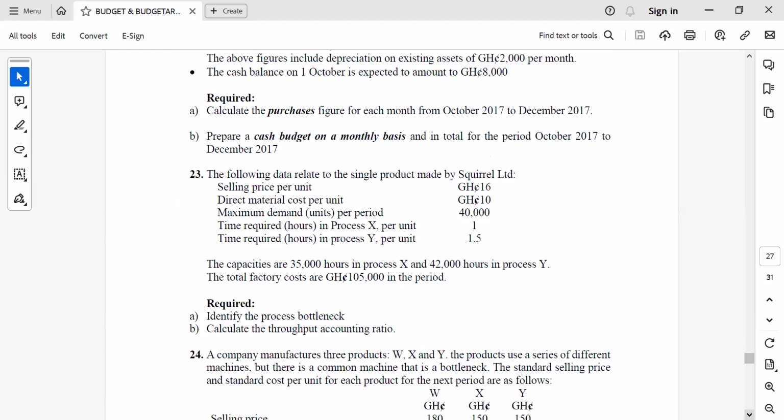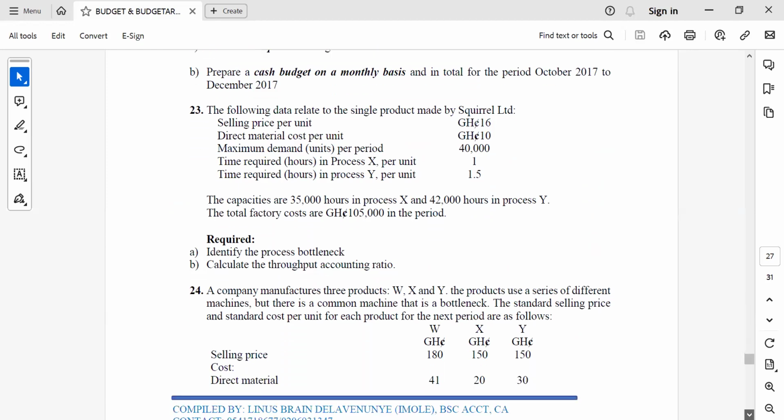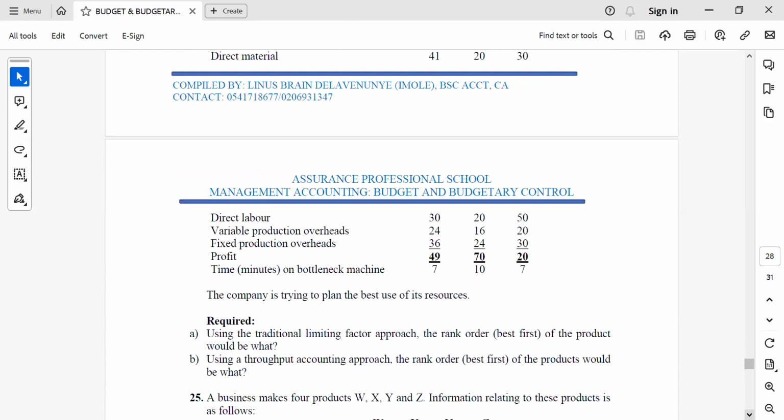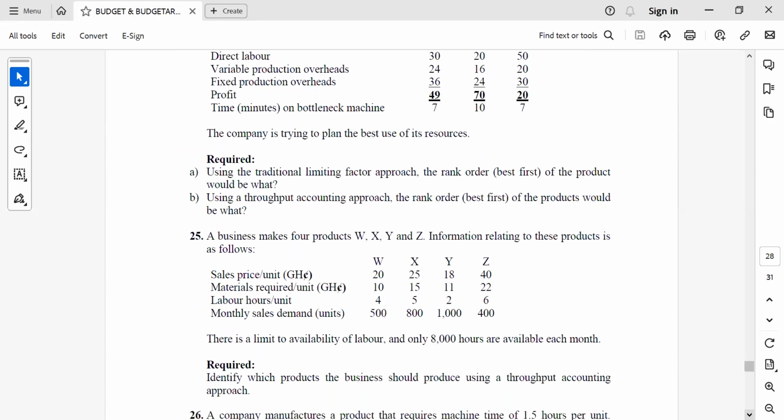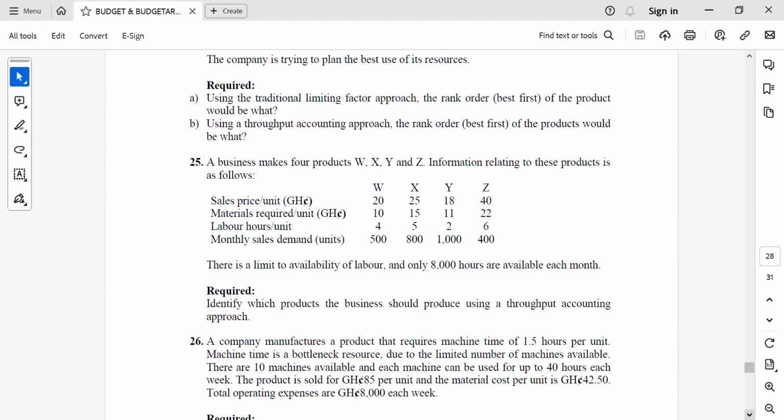Let's look at questions 23 and 24. Question 25 is not for you people, it is very cheap, so that one you can try on your own.